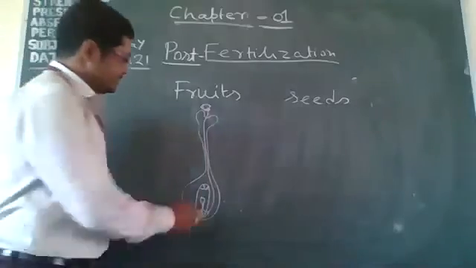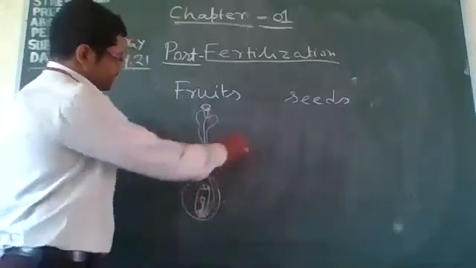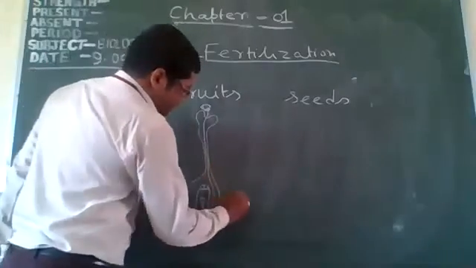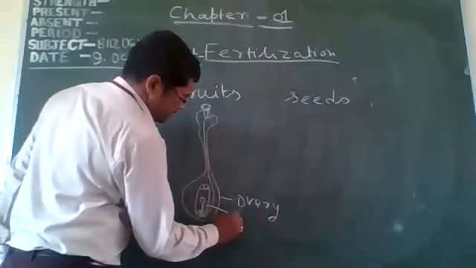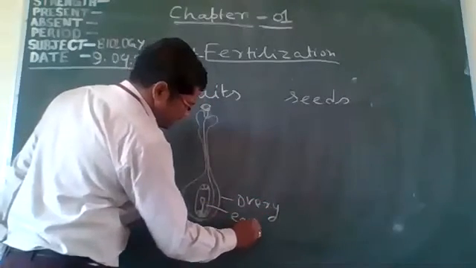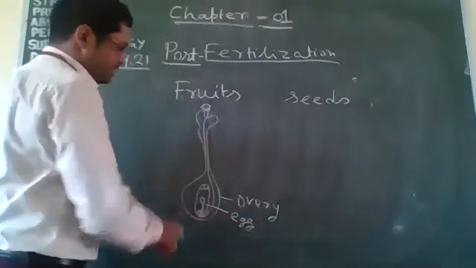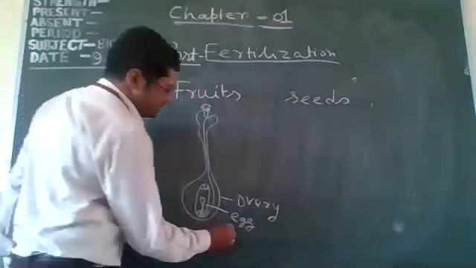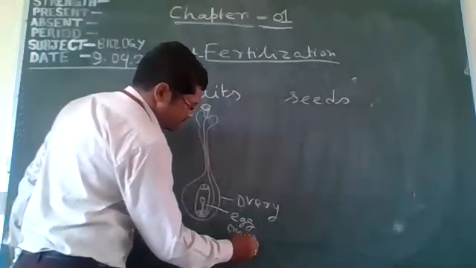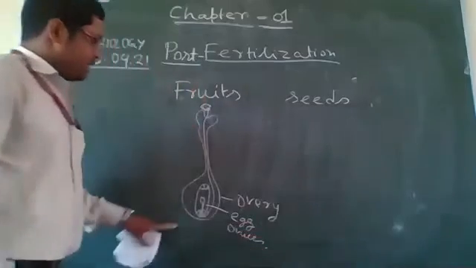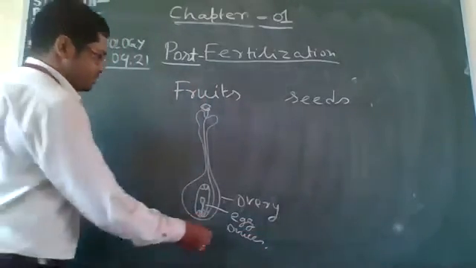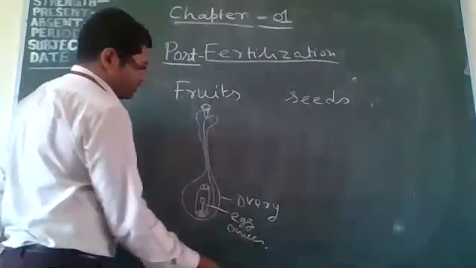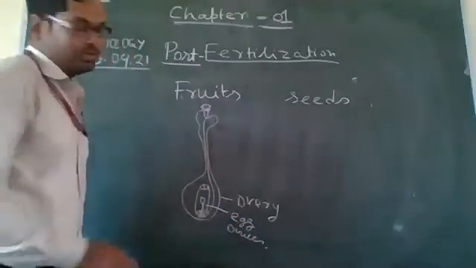Okay, let's do seed formation. This is the ovary and these are the egg cells. Inside the ovary there are egg cells, which are known as ovules. When the ovules fully mature, they convert into seed.